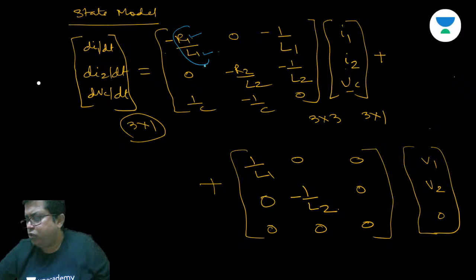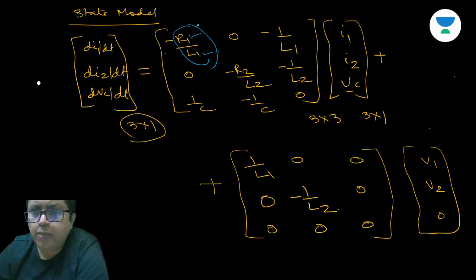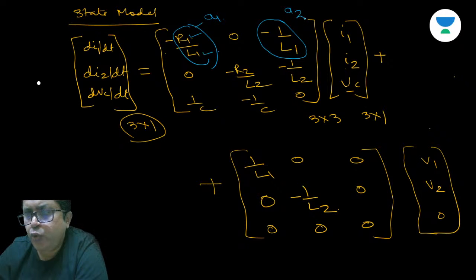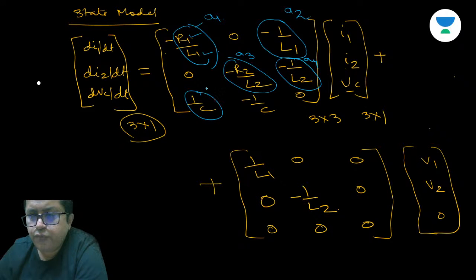Suppose this entry is nothing but A1, this one is A2, this is A3, A4, A5, A6.